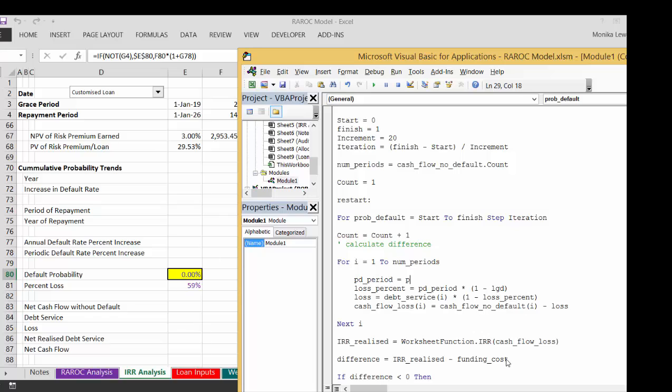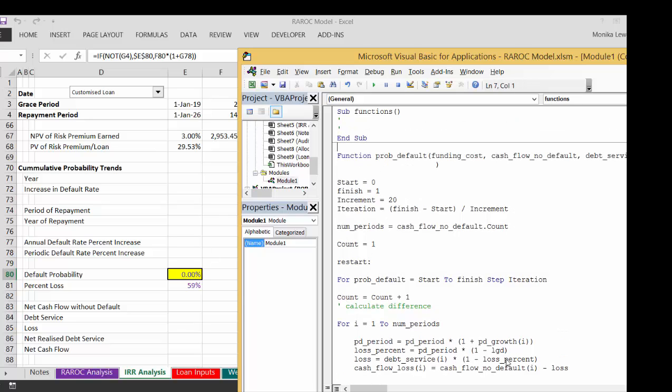It's going to be the PD per period in the last time times 1 plus the growth, the PD growth, which is just an input, and the PD growth is the final input here, hopefully.